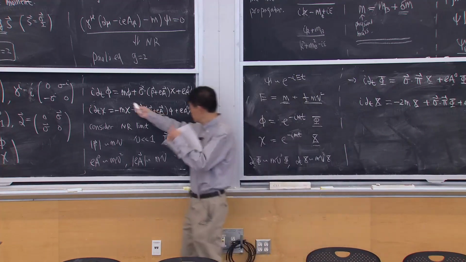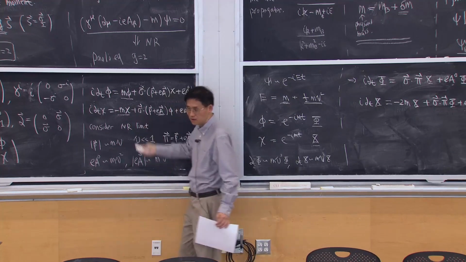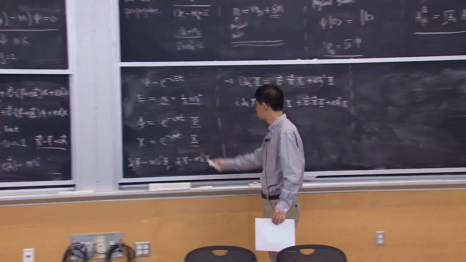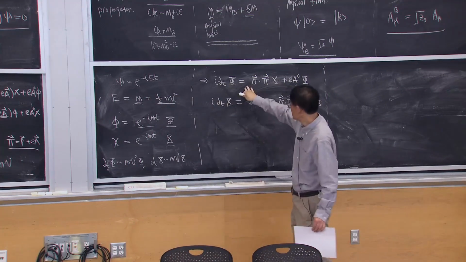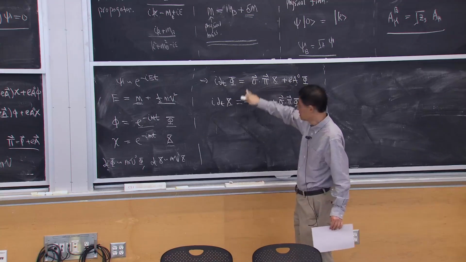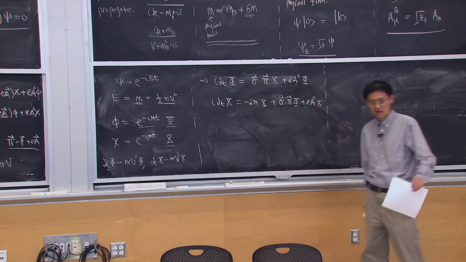They have the mass term with opposite sign. When I isolate that piece, the mass term for this equation cancels. But in this equation, they add together, and we get this minus 2m.